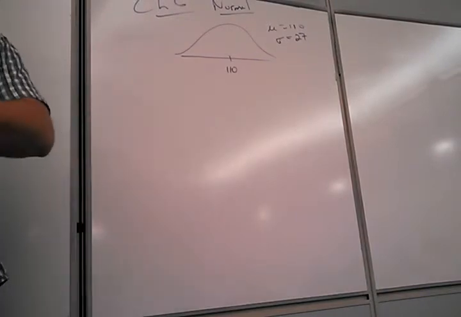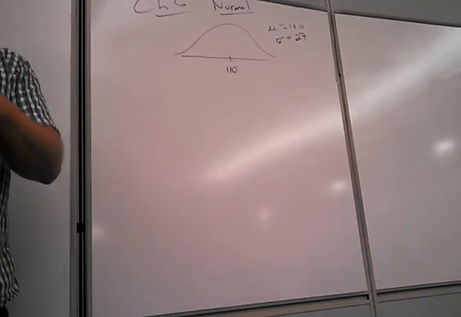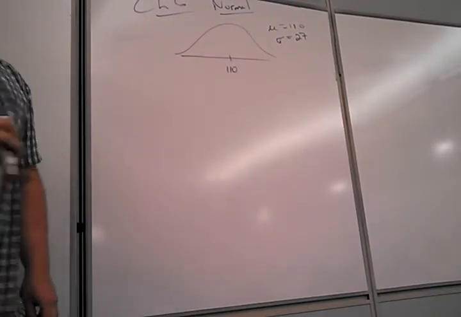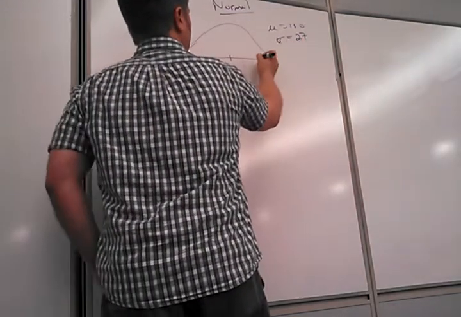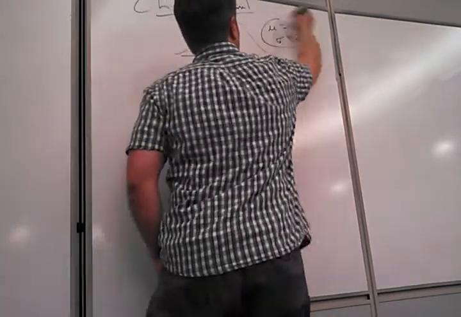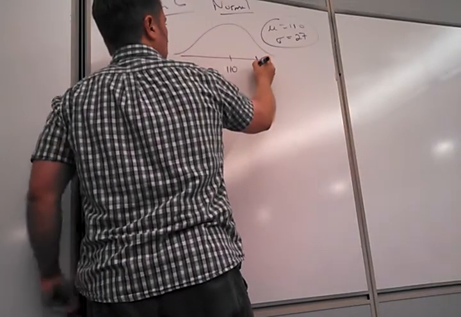Why not? And I want to know what the probability is. Say this is like some kind of a standardized test. I want to know what's the probability somebody made more than 150.